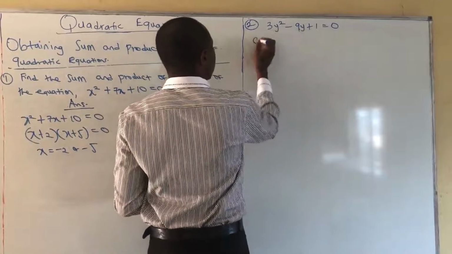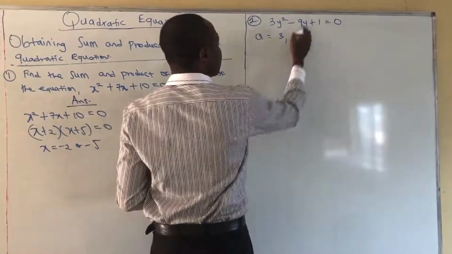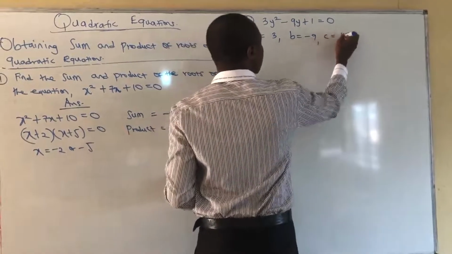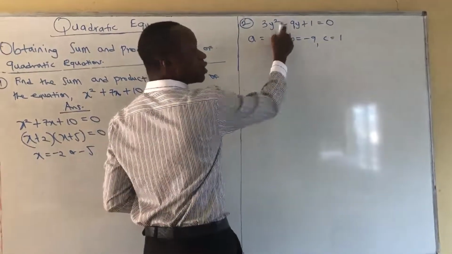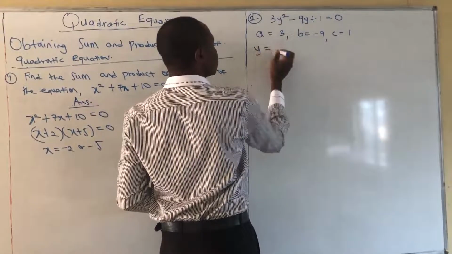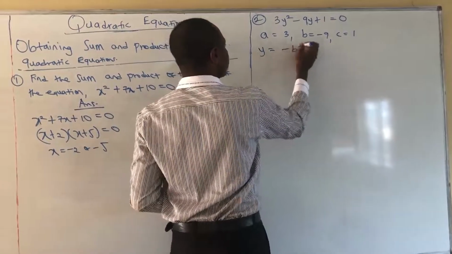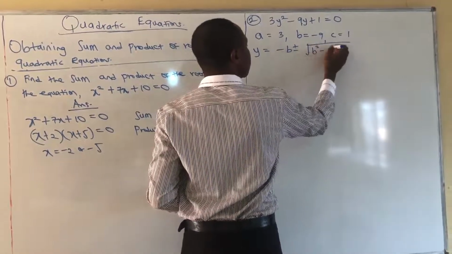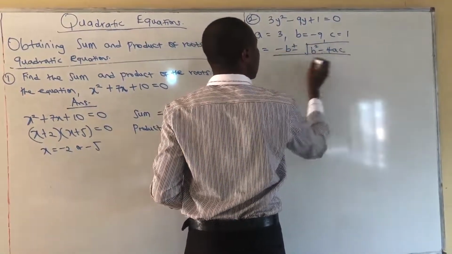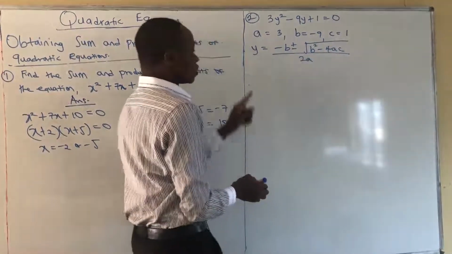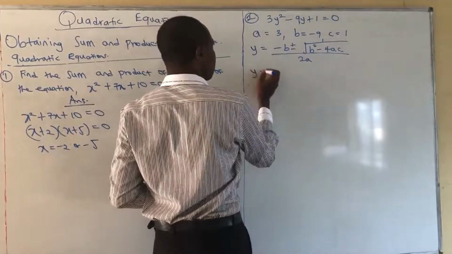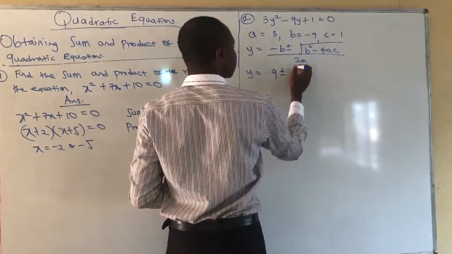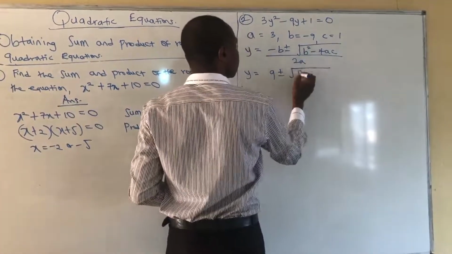From here, my A is 3, my B is minus 9, my C is 1. This equation is in Y. Recall the quadratic formula: minus B plus or minus square root of B squared minus 4AC all over 2A. To solve that, I'll be having Y equal to, put this here, 9 plus or minus square root of 81.